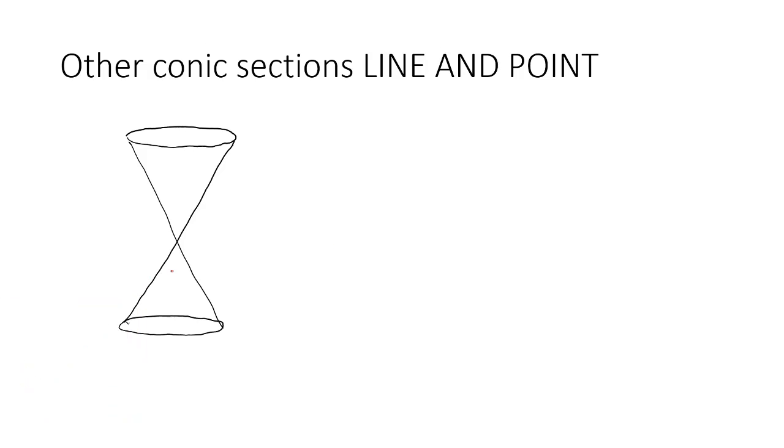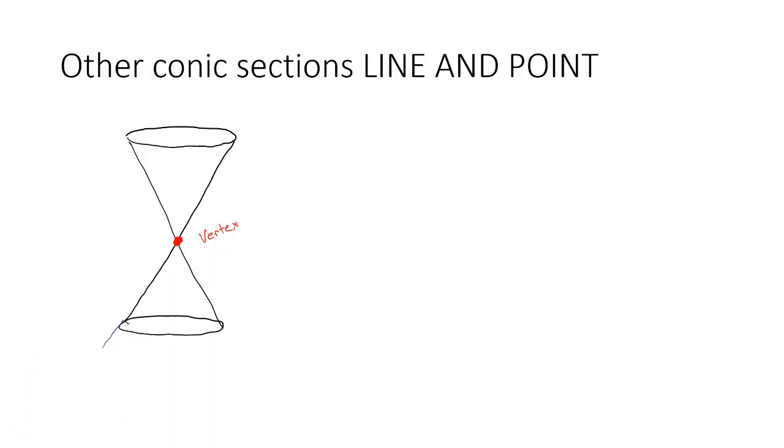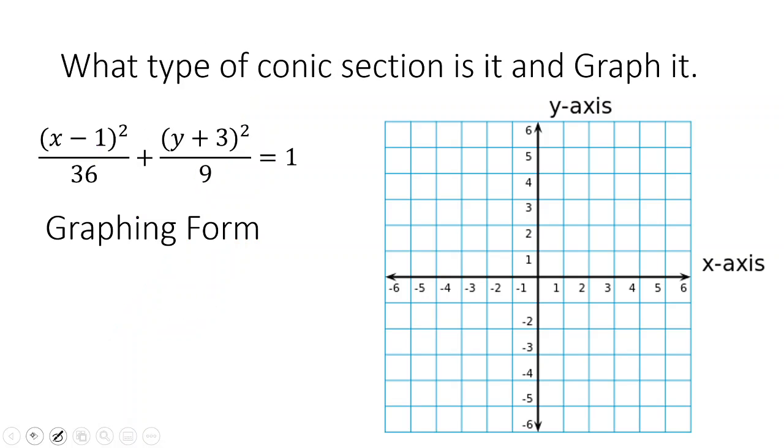So if you took a cross section right there at the vertex, it would be a point. If you took a cross section that is the element, it would be a line. And the equation for a line, the conical section equation for the line, would be y equals mx plus b. All right, and we're familiar with these types of things.